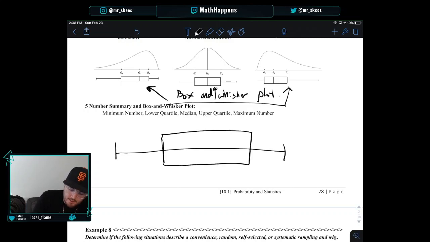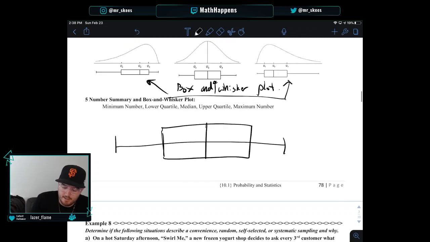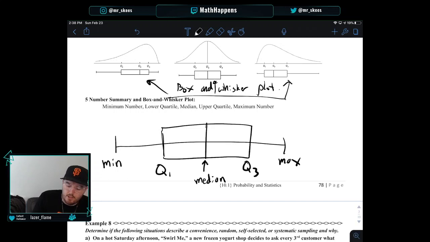Let's talk about what each of these things represent. Down here is the min. Up here is the max. Right here in the middle is not the mean or the mode, but the median. And this is Q1 and this is Q3, the lower quartile and upper quartile, if you will.